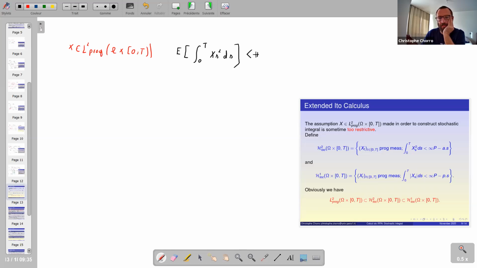So I am progressively measurable, and the expectation of the integral of the square is finite, meaning that I am square integrable with respect to the product measure on omega times 0 capital T.